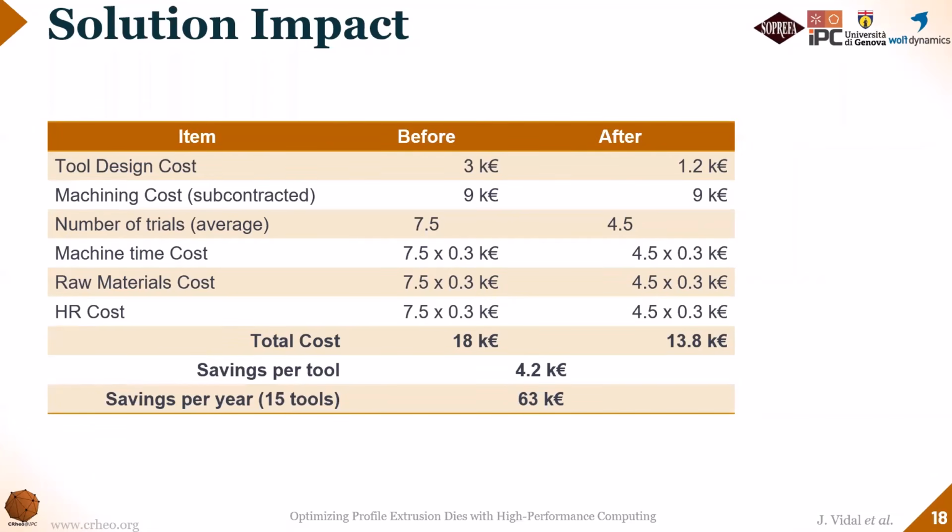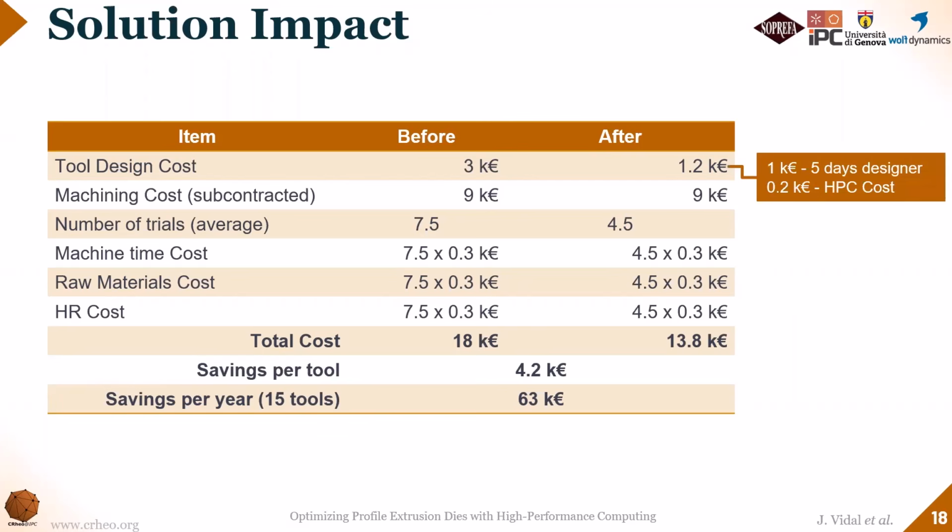The final cost of designing the tool is around 18,000 euros, and there is a reduction of 4.2 thousand euros that is mainly related to the development and to the reduction of the number of trials.